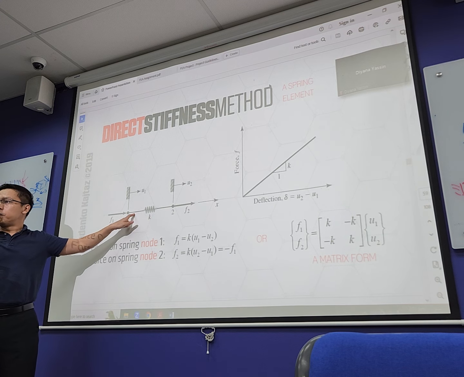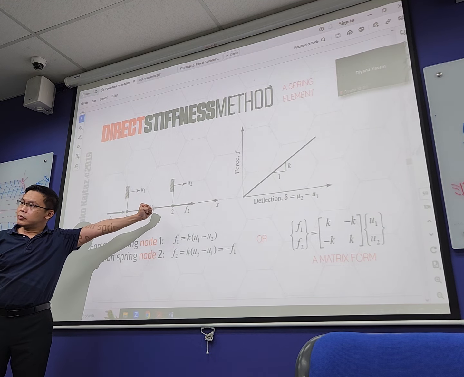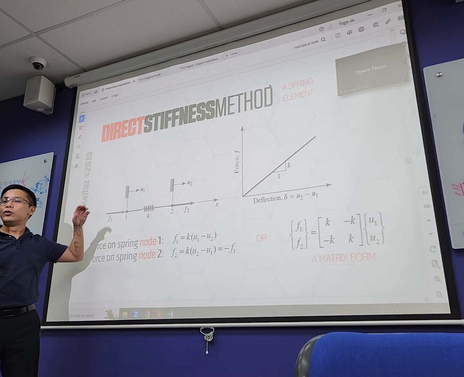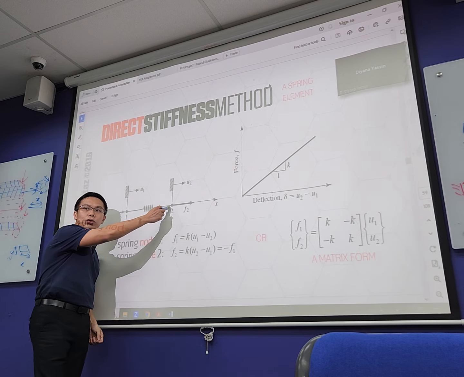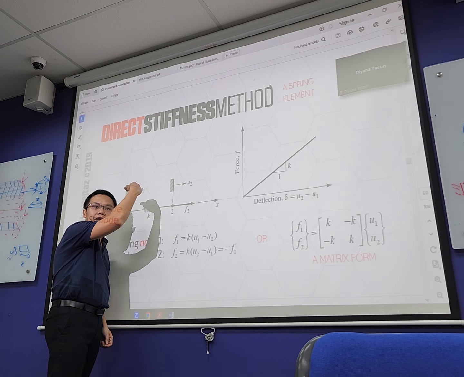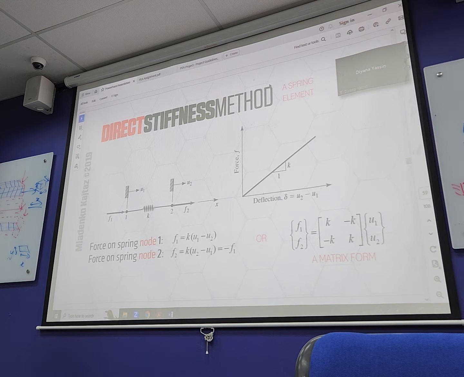Remember two things: this node is free to move, and you can also apply a force to it. Likewise for node 2, it's free to move. You can apply a displacement to it.